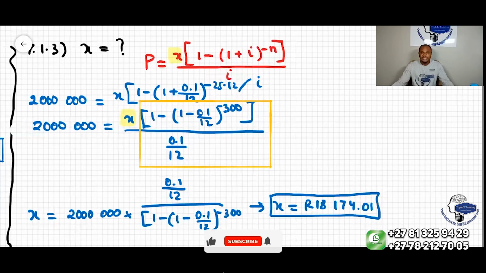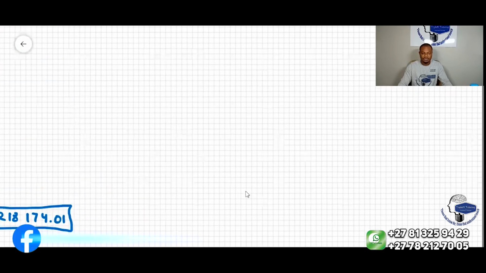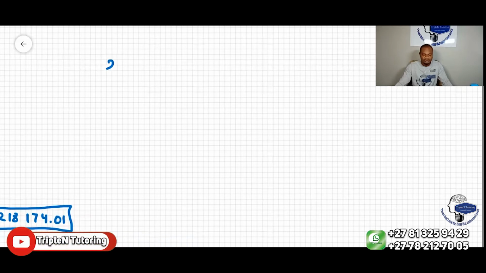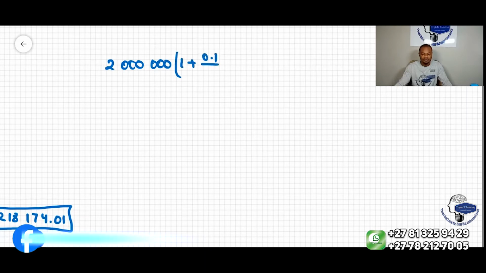Or else we can equate these two formulas. We can also solve it this way. Because the money is compounded monthly, we can say 2 million, because it's compounded, times (1 plus 0.1 over 12) all to the power of 300.